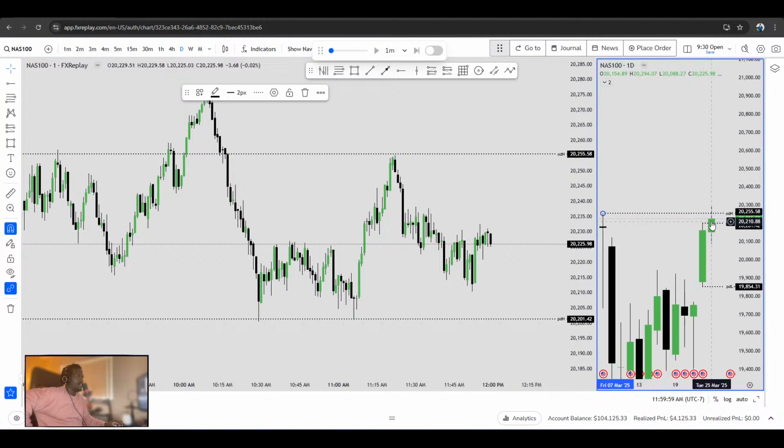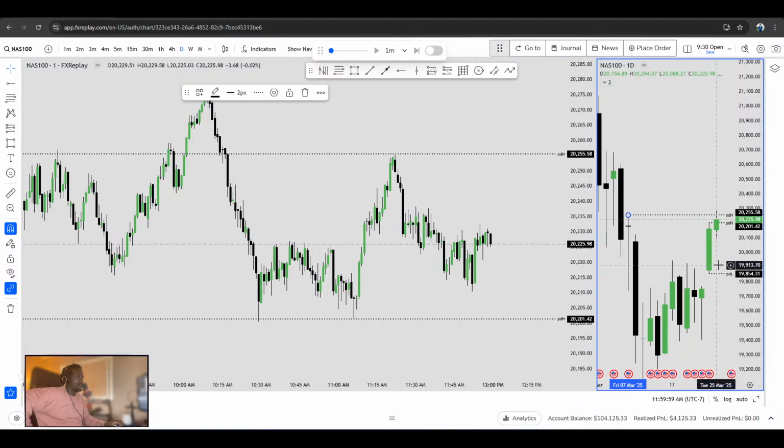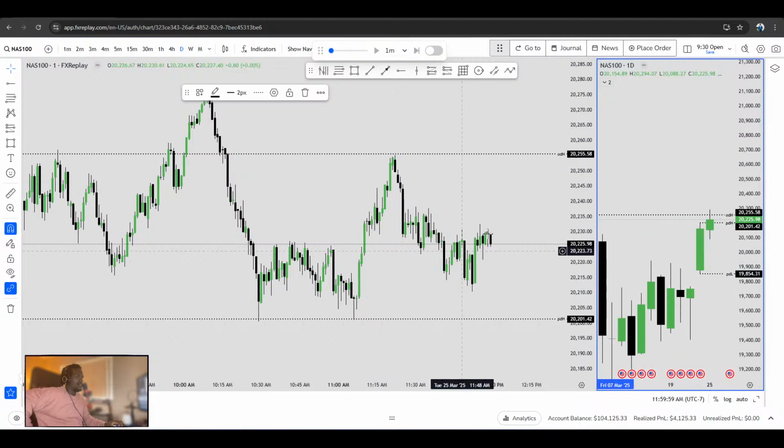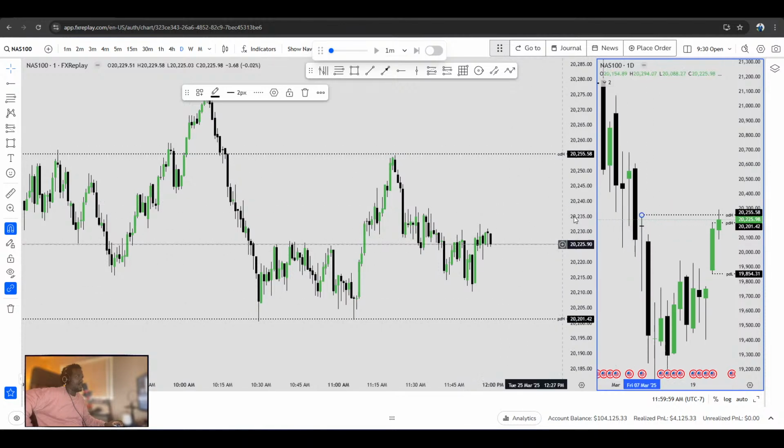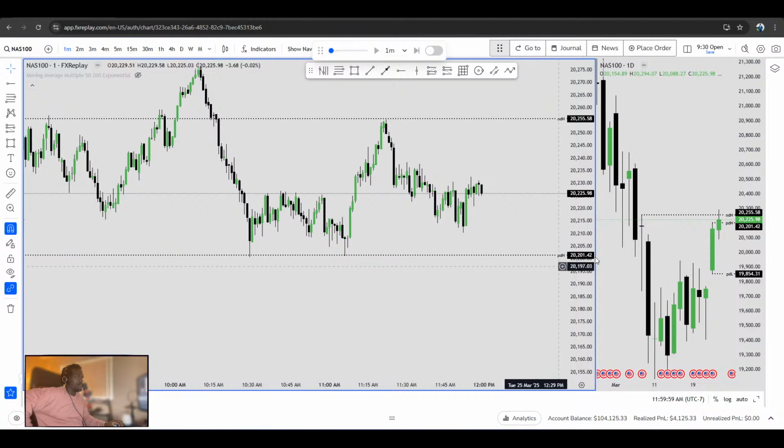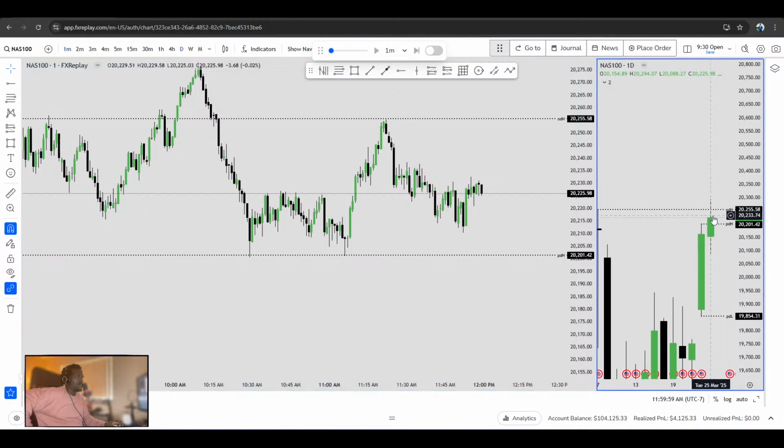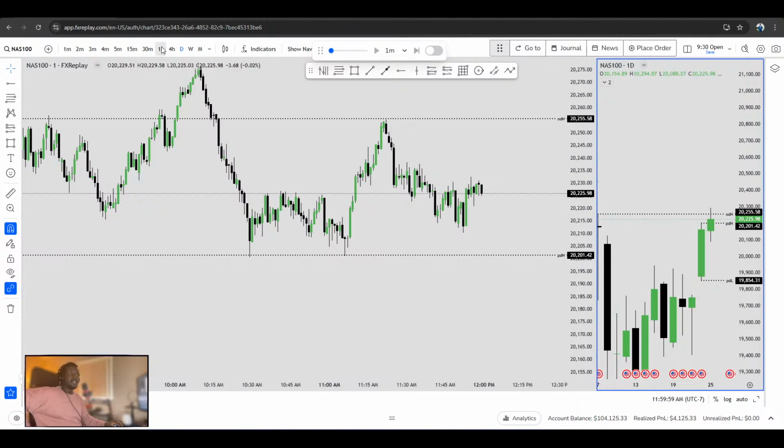So what's the probability that this is gonna be reversed? Low. So in this case, I'm expecting us just to stay within this 1 hour range. We are already on the previous day high, so I'm not expecting anything. Maybe retrace and come back into this previous day range. We'll see. All right, let's go to the 1 hour.